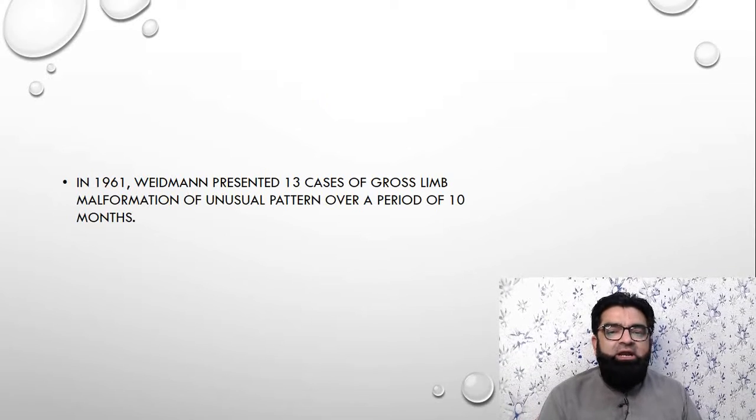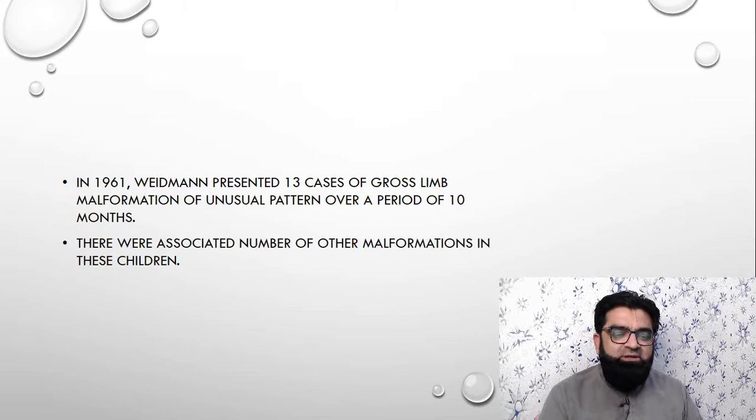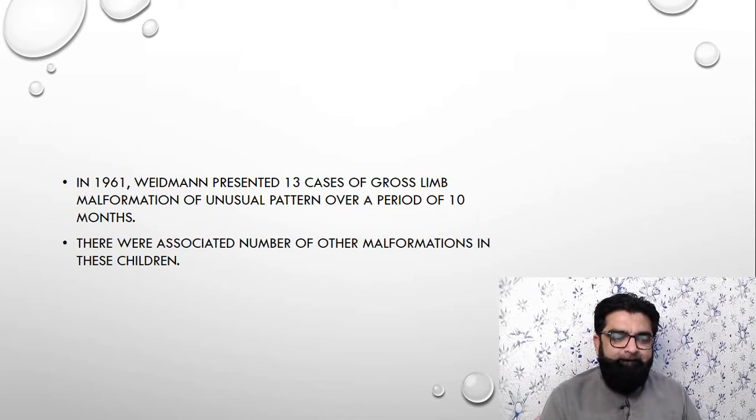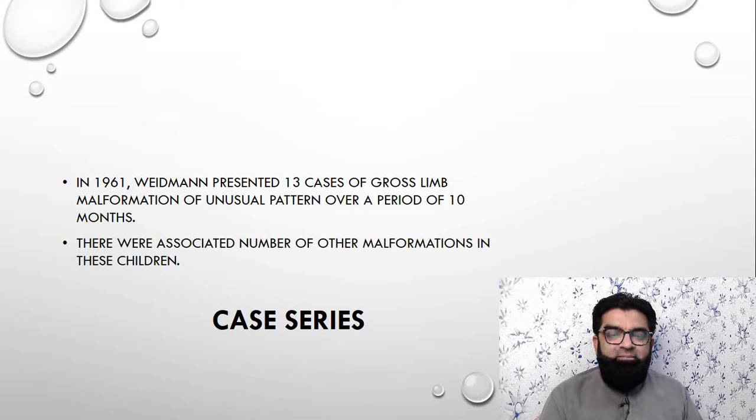Later on, in 1961, another scientist presented 13 cases of gross limb malformation of unusual pattern over a period of 10 months. So he collected similar 13 cases, and he reported these 13 cases. So what he actually did was present a case series, a number of cases of unusual pattern.